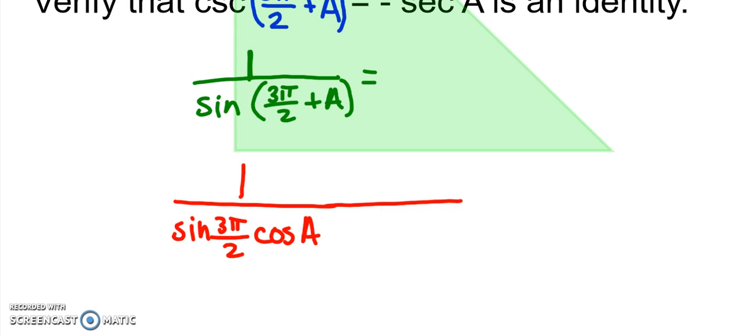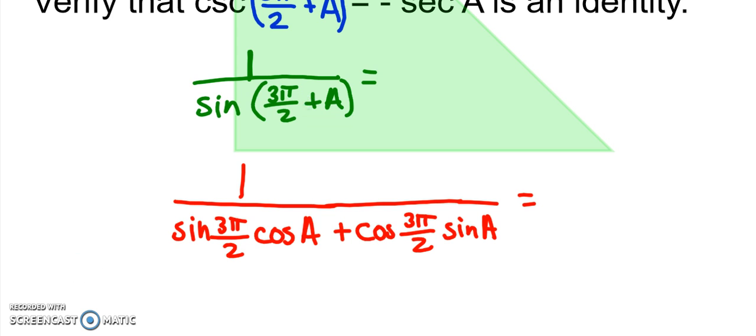Sorry, take it back, no, that's for cosine. We have the same sign. Sorry about that. And then we have cosine 3 pi over 2 sine A. So again, we have the same sign there for the middle as for the angle sum. Cosine is the one that switches. So my fault, guys. Sorry.